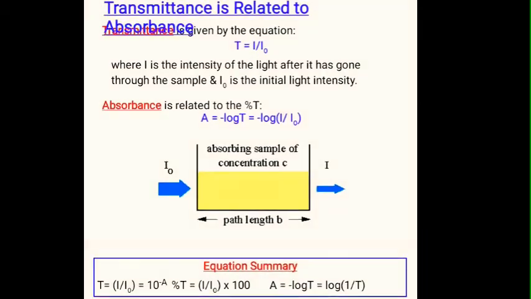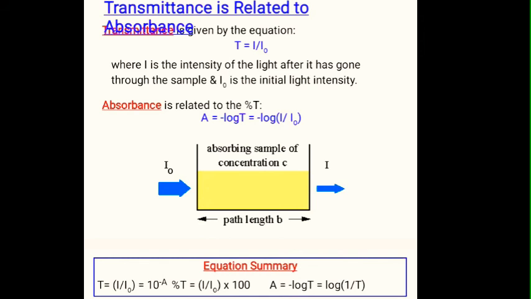Next, the transmittance, which is related to absorbance, is given by the equation capital T is equal to I upon I0, where I is the intensity of the light after it has gone through the sample and I0 is the initial light intensity.